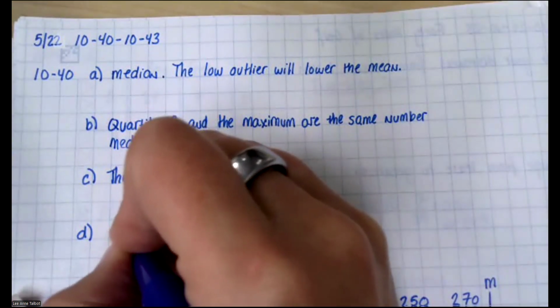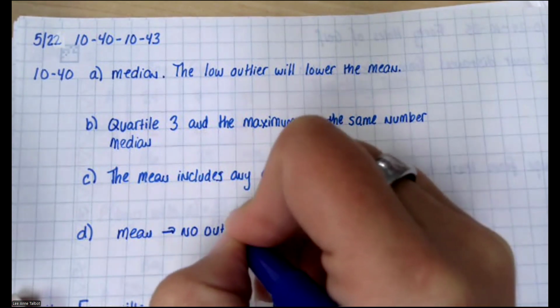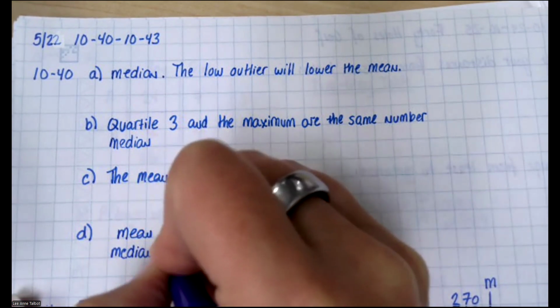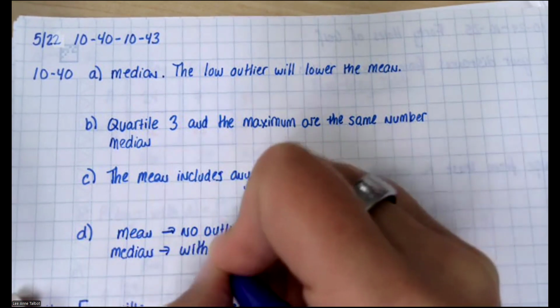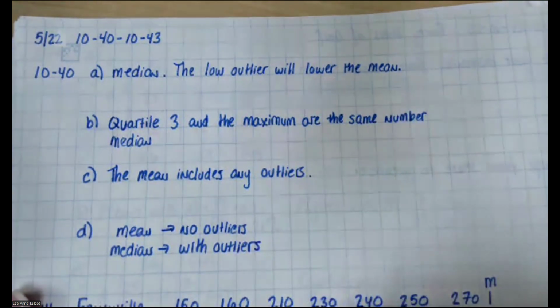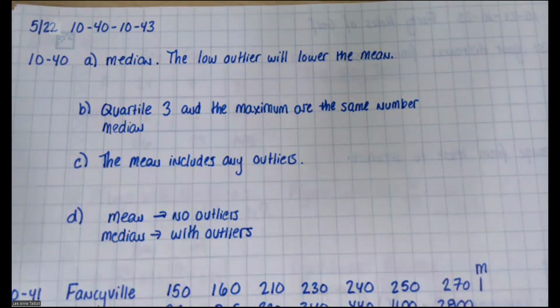So you want to use the mean when there are no outliers, and you want to use the median when there are outliers. Okay, so now we're done with all of that. If you could find that resource page.